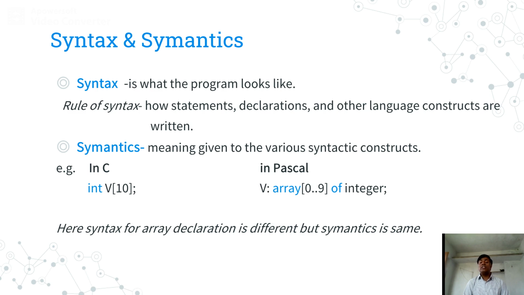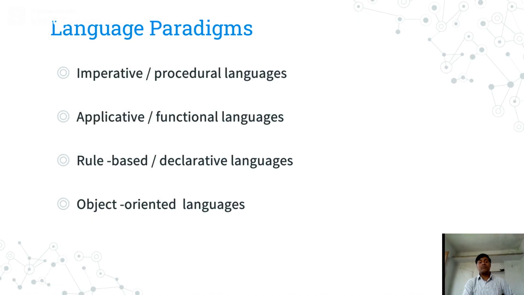So the syntax for array declaration is different, but the semantics is the same. The meaning is the same in both languages: we are declaring an array of size 10. The syntax is different but the semantics are the same.